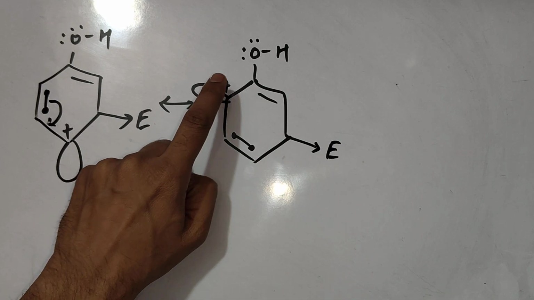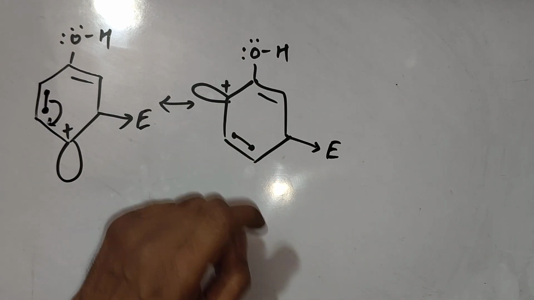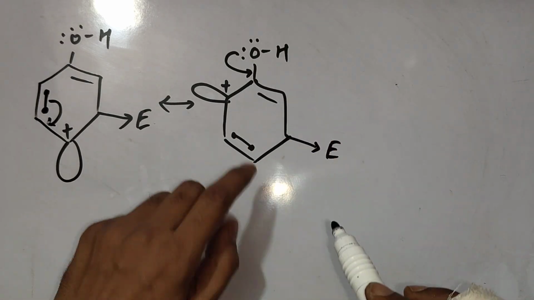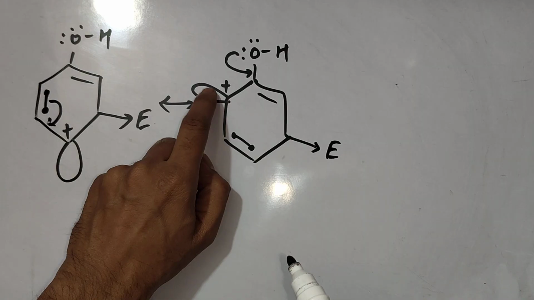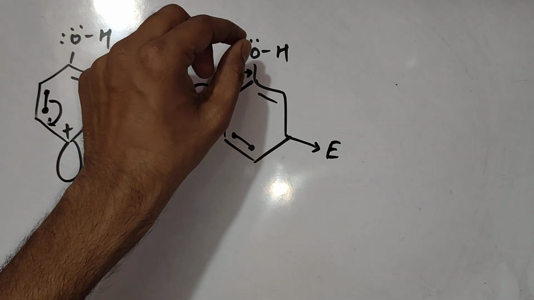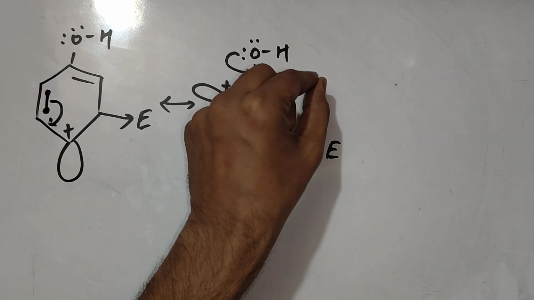Okay. Now how will you stabilize this vacant orbital? Can oxygen stabilize this vacant orbital? The answer is no. Check. If you shift the lone pair here, will it be stable? Check. No effect. If the lone pair comes here, these pi electrons will move to the next carbon like this.